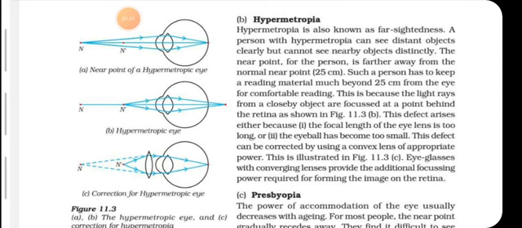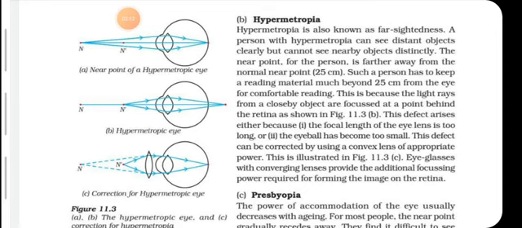This defect mainly arises due to two reasons. The focal length of the eye lens is too long, or the eyeball has become too small. Over here, the image is formed beyond the retina.